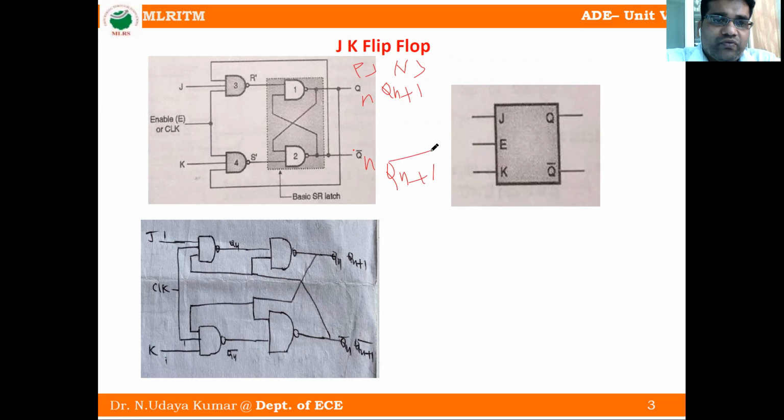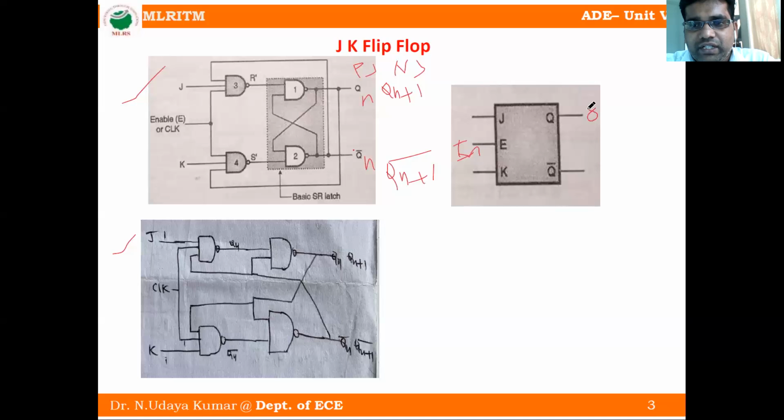So this figure and this figure are both the same. This is the IC structure: J, then the enable line or clock, and K. Q is the present output, and Q bar is the complement of the present output.